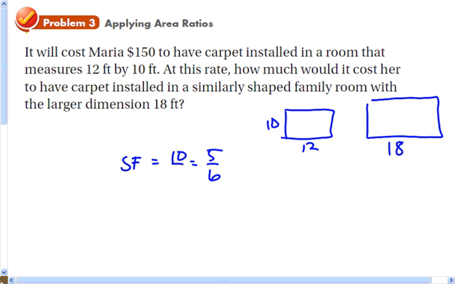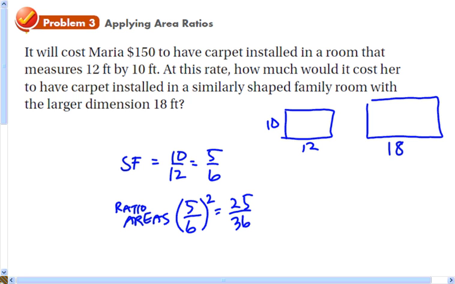And so if that's my scale factor, then my ratio of areas is going to be the scale factor squared. So 5/6 squared, which is 25/36.